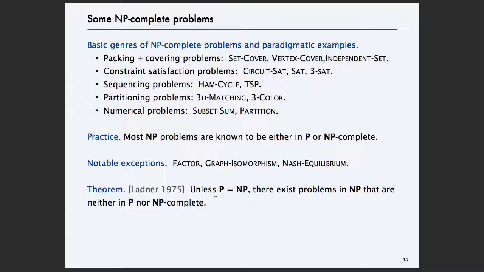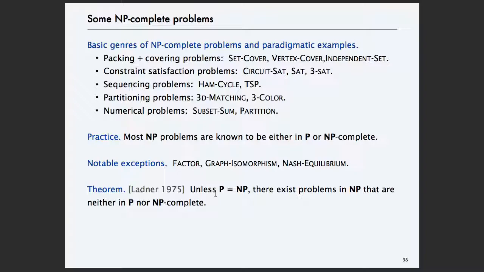So in terms of genres or paradigms or kinds, right? We saw packing and covering, set cover, vertex cover, independent set, constraint satisfaction, circuit satisfiability, SAT, 3 SAT, sequencing, Hamiltonian cycle and TSP, partitioning, 3D matching, 3-color, and numerical problems like subset sum, partition.